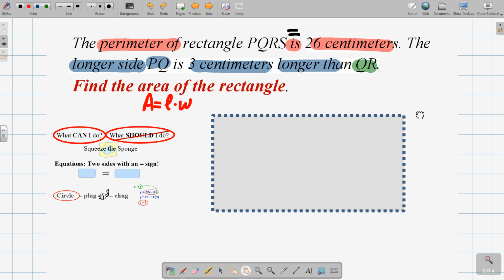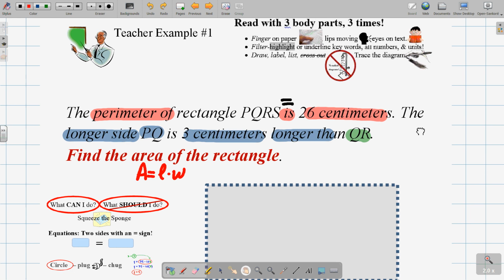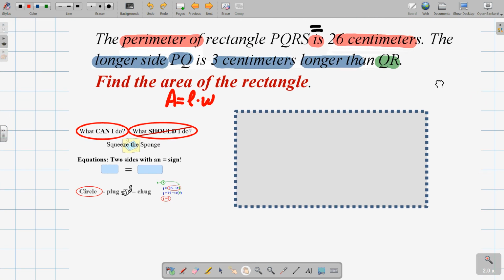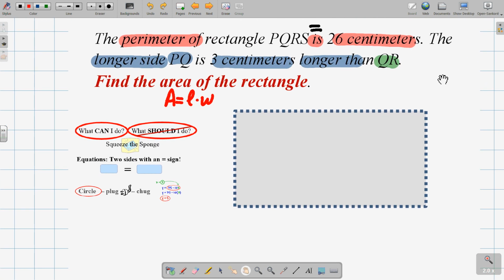Now, pass number 3, draw, label, list, cross out. Draw, label, list, cross out. So we already know the longer side is PQ, so I go like this. PQ is the longer side, R, shorter side, S. I have accounted for this.